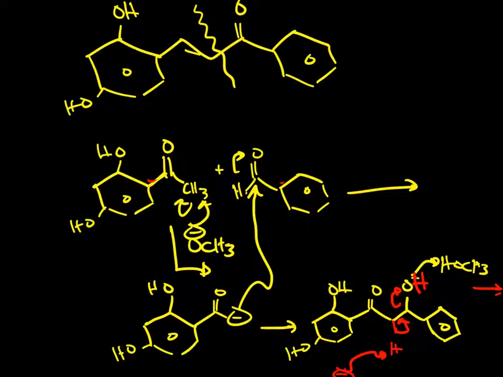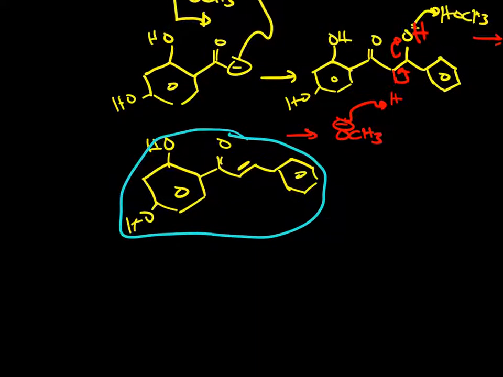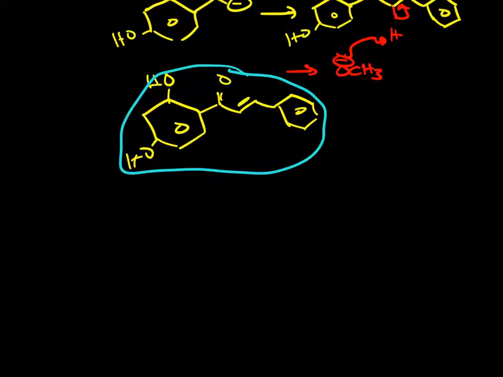Notice how this benzene that doesn't have anything on it directly has a carbonyl coming off of it. So let's go ahead and see if we have that. So we have here, directly coming off of this benzene, the carbonyl, and then we have the pi bond, and then we have our benzene ring with nothing on it. So we actually chose the wrong reactants to give us the product that we're trying to find.